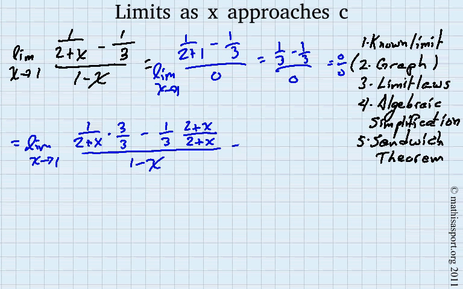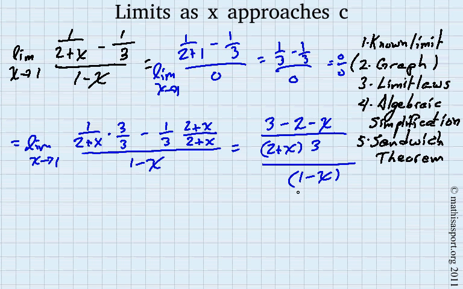Now we have a common denominator. We have 3 minus 2 minus x all over 2 plus x times 3. That result is itself divided by 1 minus x. And we still want the limit as x goes to 1.